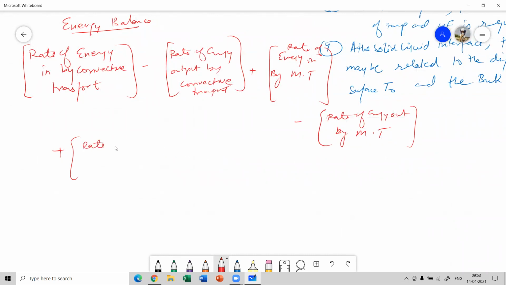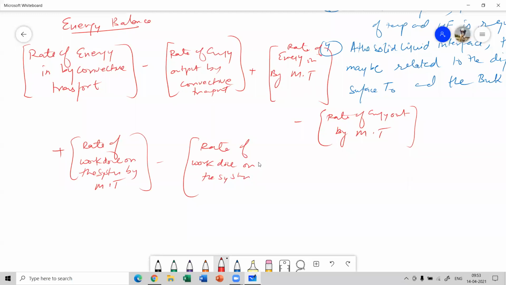rate of work done by the system or on the system, whatever that is, rate of work done on the system by mass transfer minus rate of work done on the system by molecular transport.